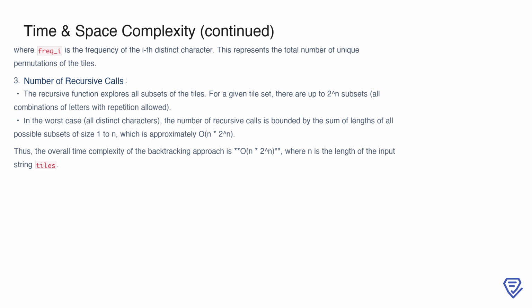This sum is approximately n*2^n. Therefore, the overall time complexity of the backtracking approach is n*2^n, where n is the length of the input string. This accounts for both the recursive exploration of subsets and the generation of permutations within those subsets.